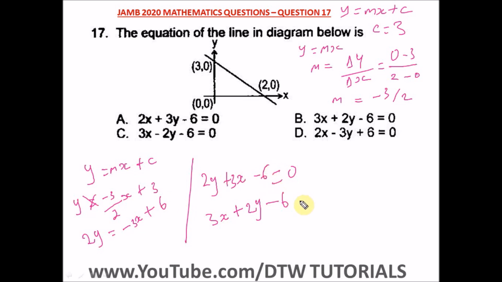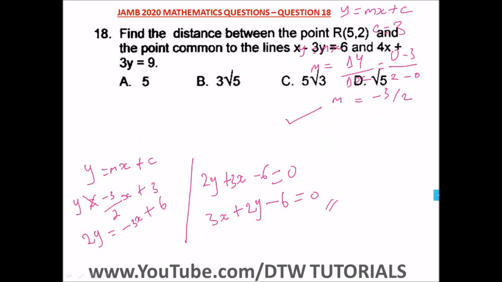So this should be 6. The answer is 3x plus 2y minus 6 equals 0. So that is for this B. That's our number 17. So we go to question number 18.